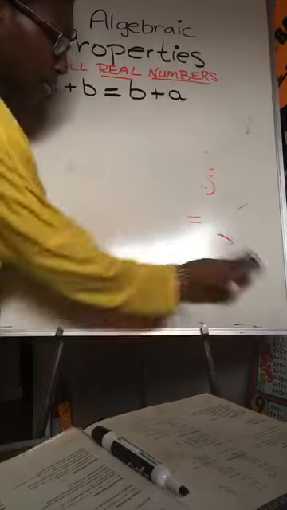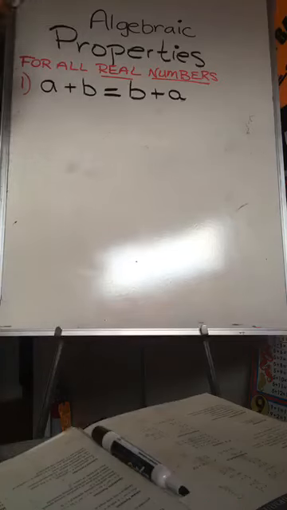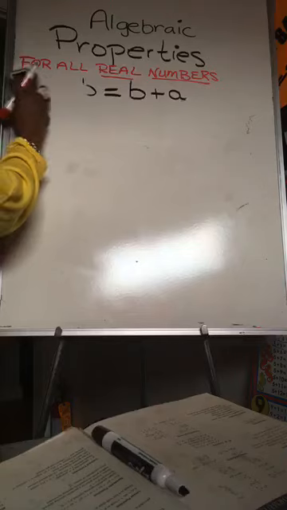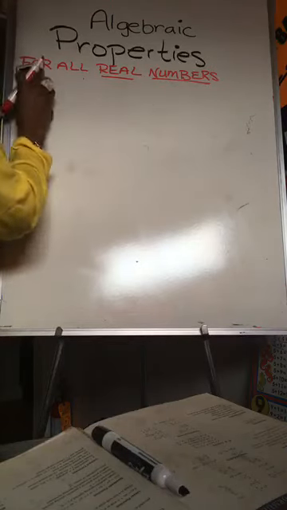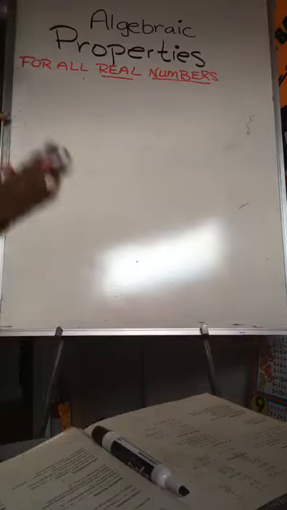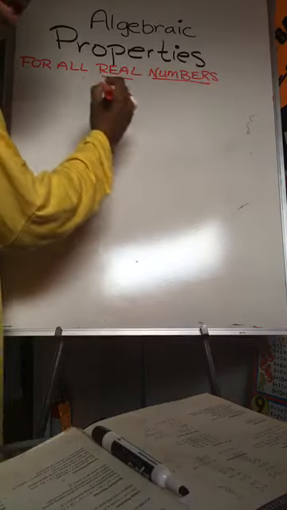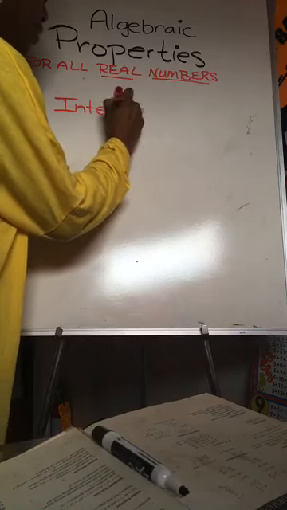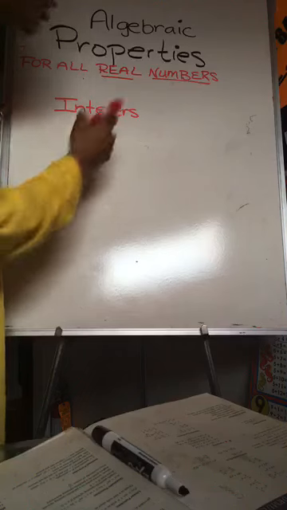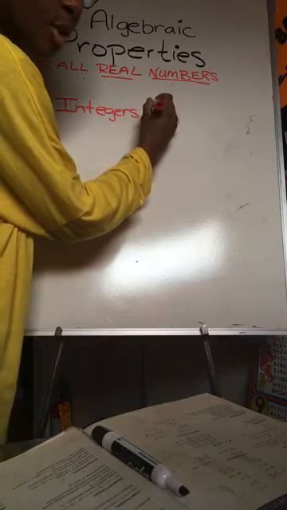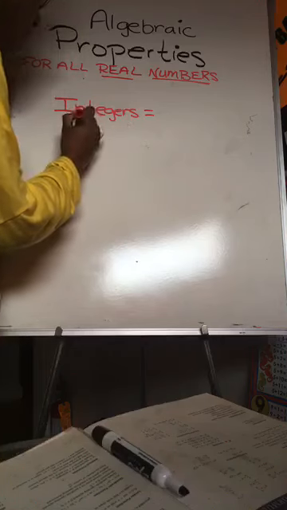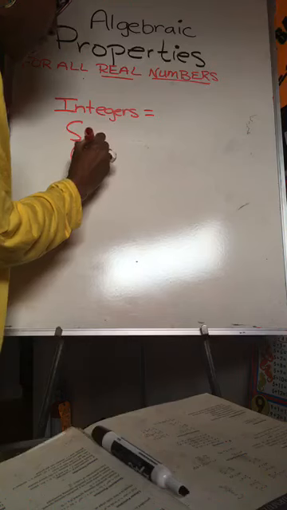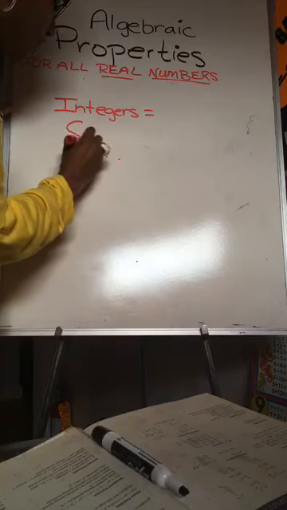All right. So now let's go to integers. Integers are part of my real numbers. I'm going to erase this for right now so I can answer the question, what are real numbers for these properties? Integers are considered real numbers, and it's equal to, make my brace, and we start with dots because these are your negative numbers.